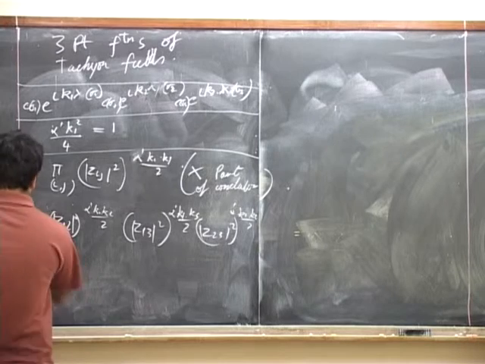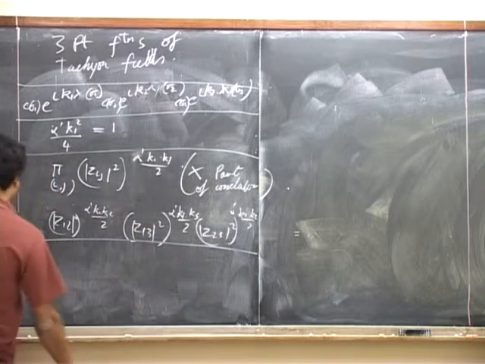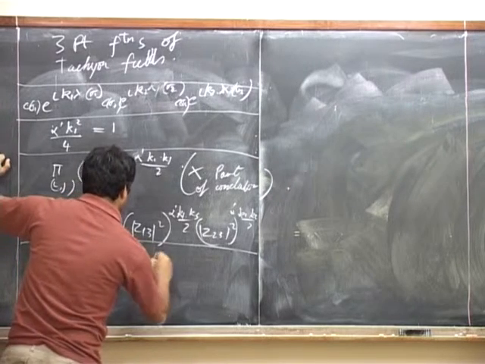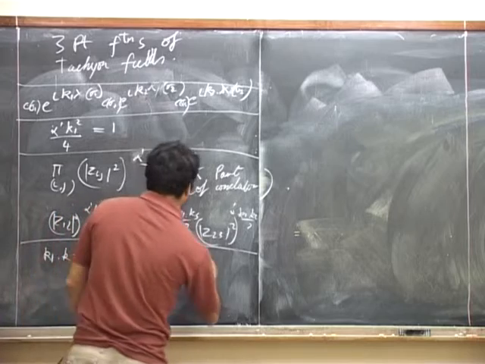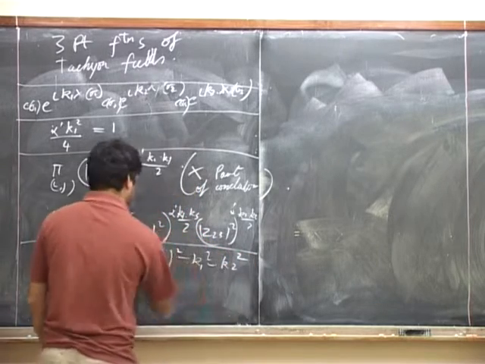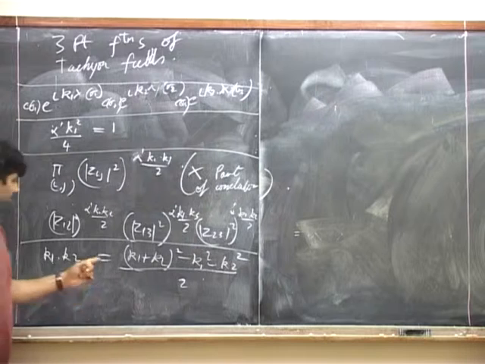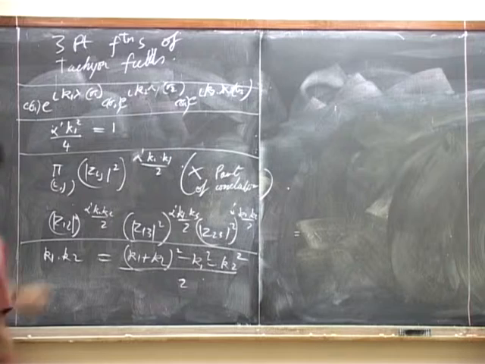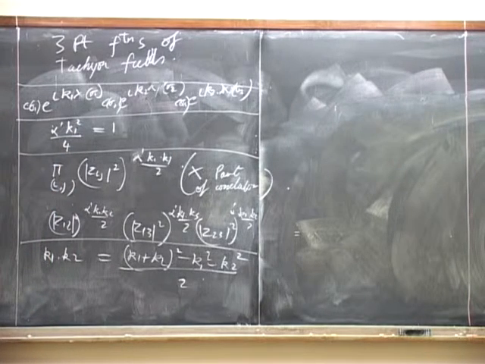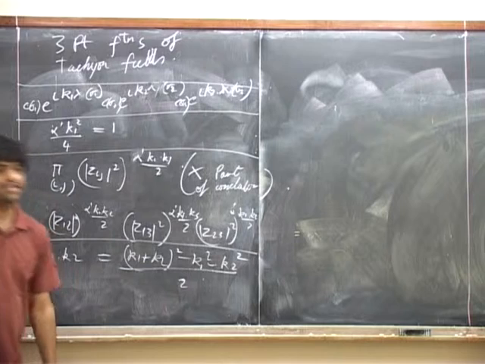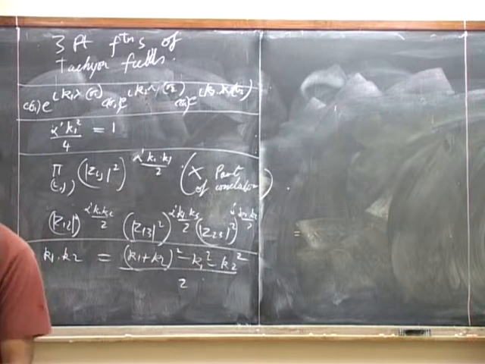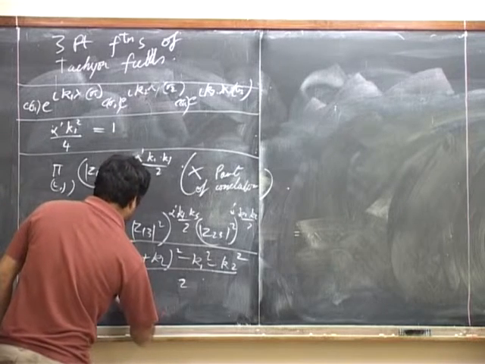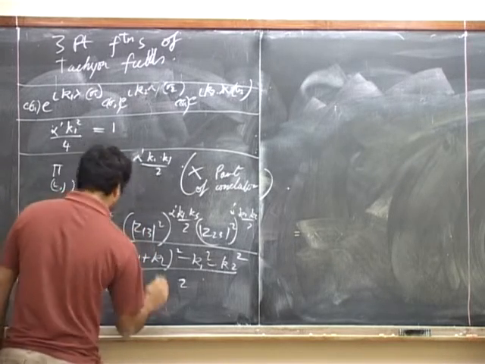Let's see why. It does not depend on k1, k2, k3 because k1 dot k2 is equal to (k1 plus k2) squared, minus k1 squared, minus k2 squared, all over 2. But by momentum conservation, k1 plus k2 is just minus k3, so its square is k3 squared. And each of these k's obeys the mass shell condition, so each of these brackets is simply 4 by alpha prime.